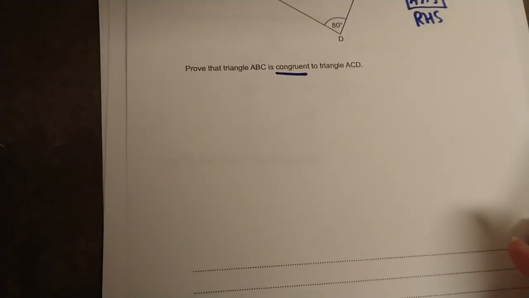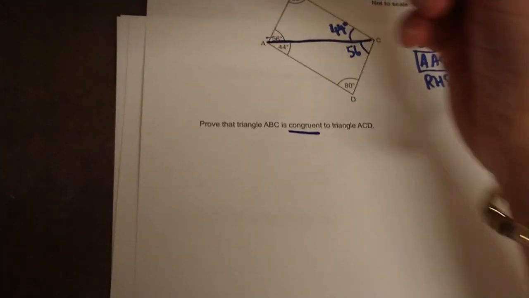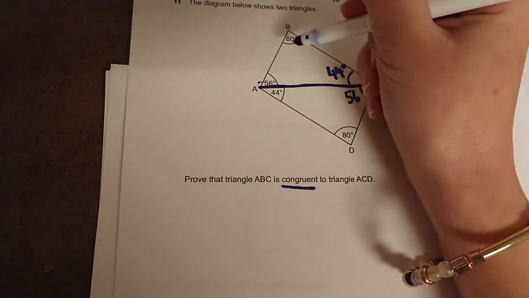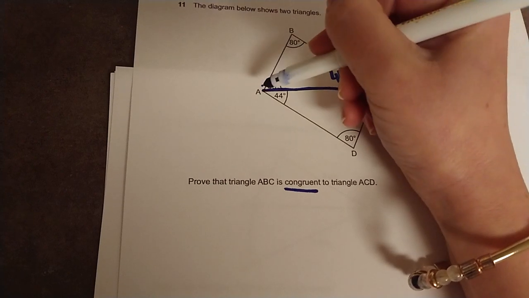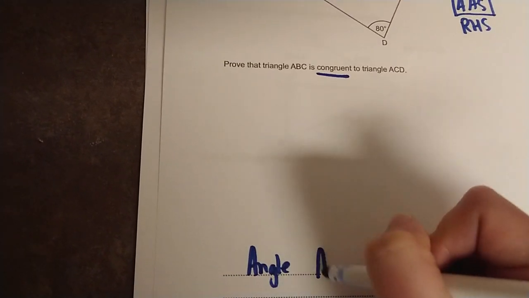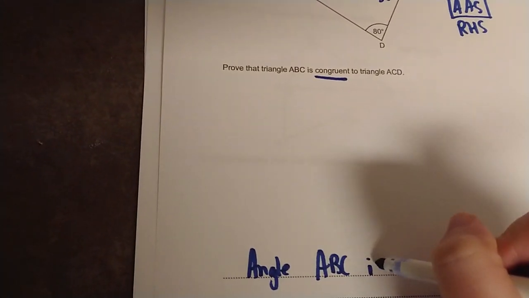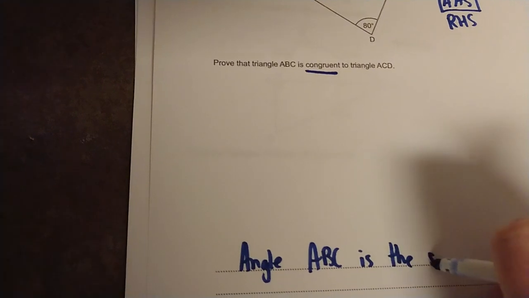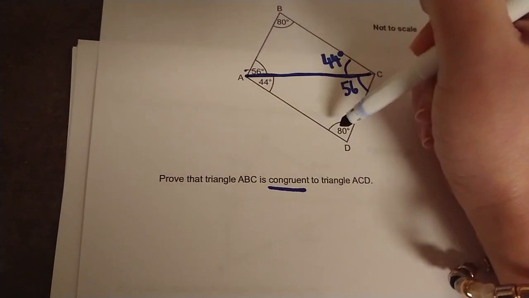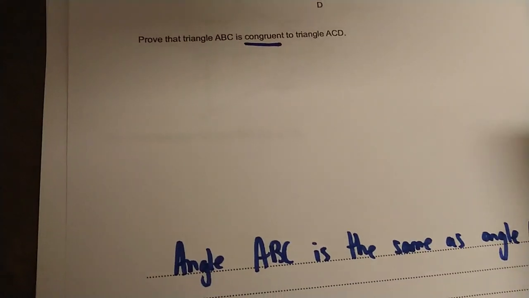So in terms of what to write down here, I would first of all begin by just choosing two of the angles and saying they are the same. So I'm going to go for the 80s. So that's going to be angle ABC. So I'm going to say angle ABC is the same as angle ADC.